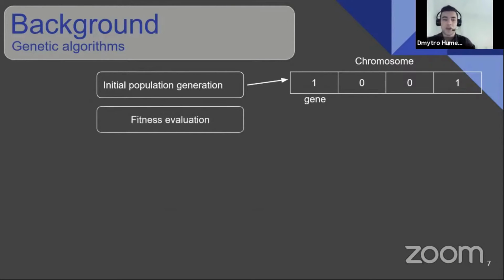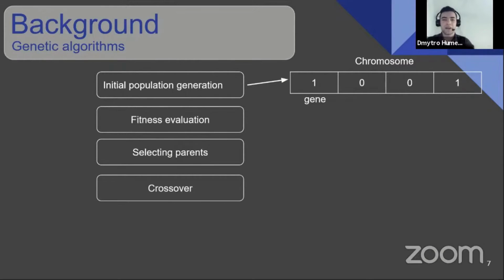The second stage is to evaluate the fitness of each individual. It means how good it is for our particular goal, our particular fitness function. Then we select the best of these individuals, and hopefully by combining these best individuals, we will produce even better individuals. To add some randomization and not get stuck in some local minimum, we also add some random changes to these individuals.